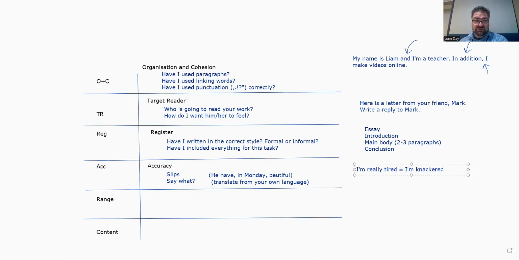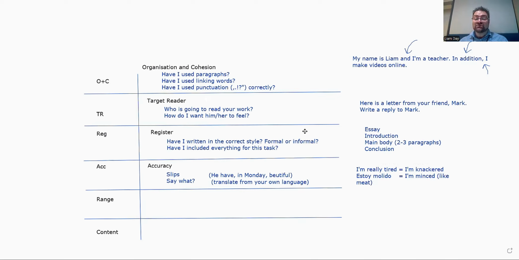That's the English expression, I'm knackered. But in Spanish, you say, estoy molido, which means I'm minced, like the meat that you have in your lasagna. Okay? If in English you said, I'm minced, no one would understand what you mean.